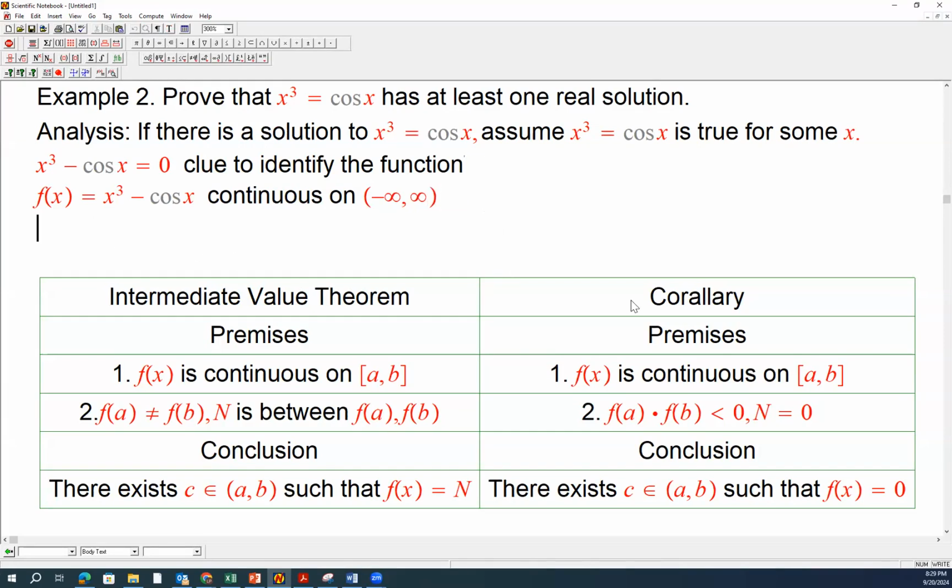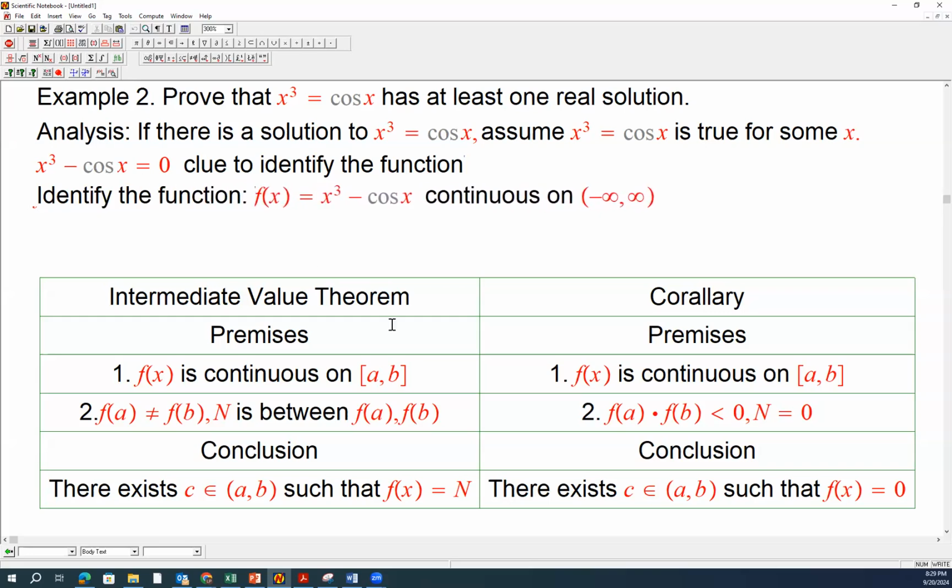But next, first we identified the function, and we have one more step to do. We also need to identify the interval. How do we identify the interval?